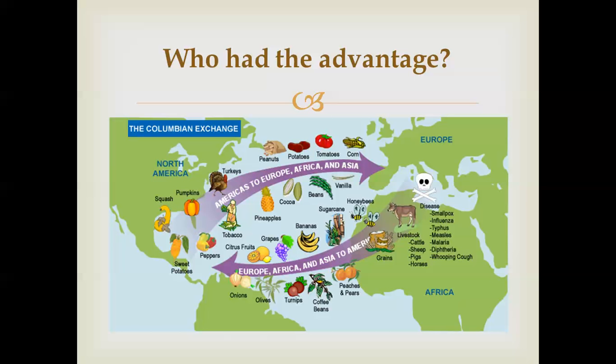Potatoes in particular will be significant to promoting population growth in Europe because peasants, the lower classes, will be able to grow tremendous amounts of potatoes in just a small area, and they'll be able to feed their families from this. A lot of these foodstuffs will contribute to a larger population in Europe, and they'll really help fuel the trade, going back and forth.